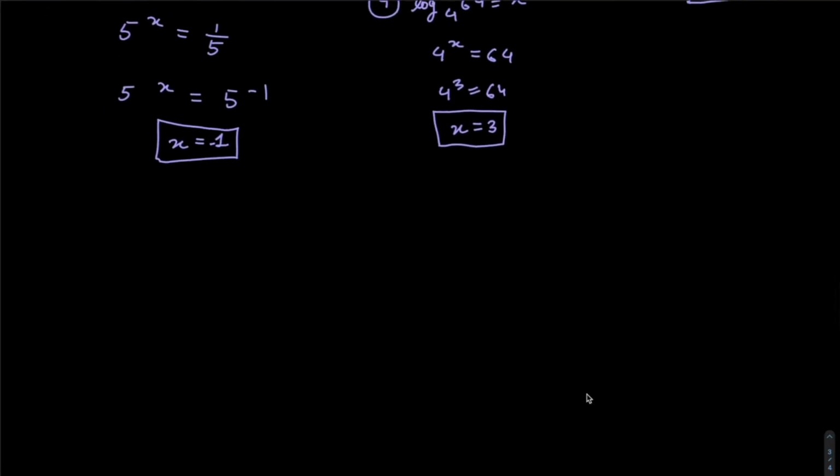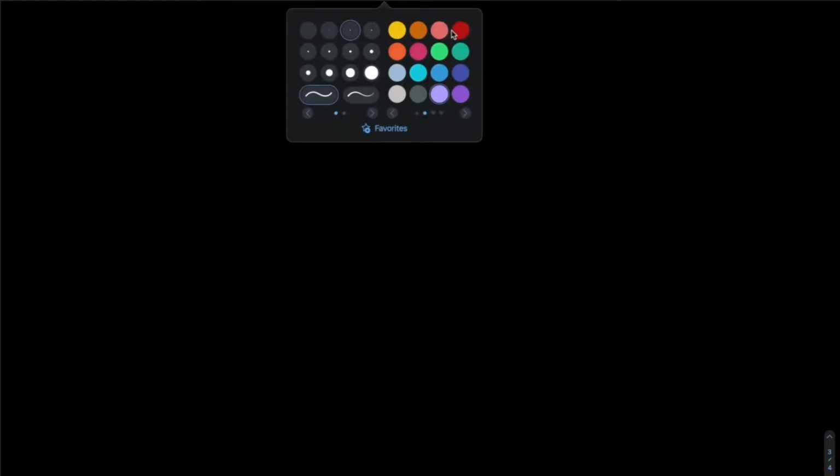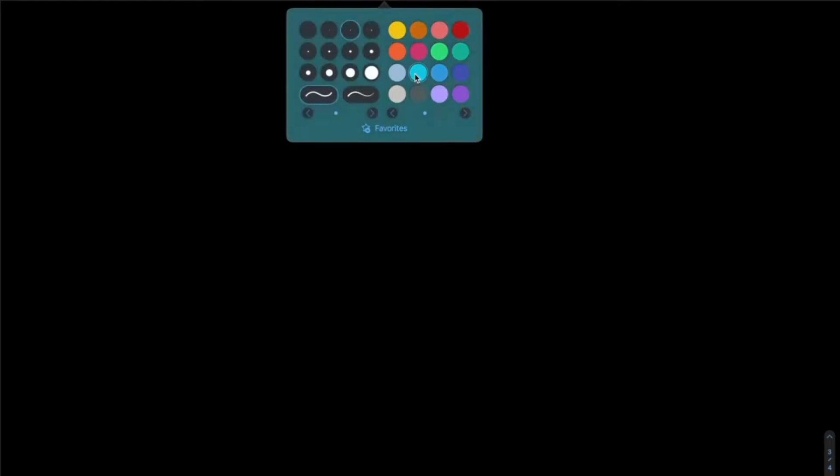All right, so now I just want you to understand two types of log functions that the majority of the questions are going to deal with. So I'm going to write two special logs, and you're going to deal with them the majority of the time. The first one is the log base 10.